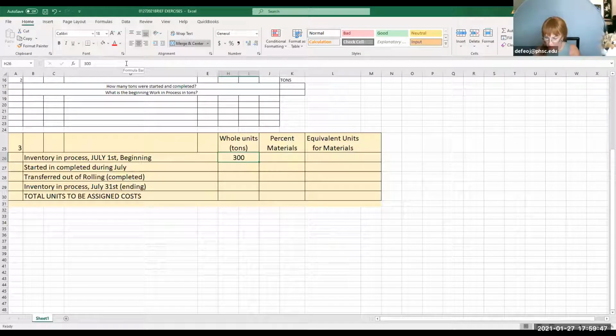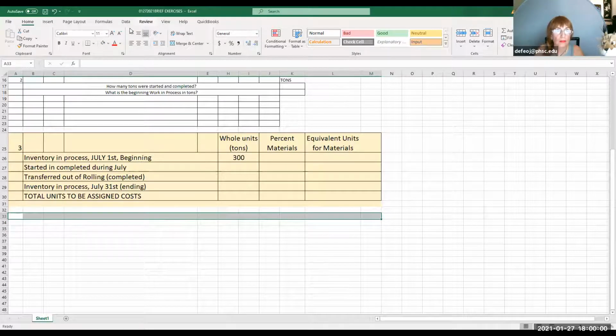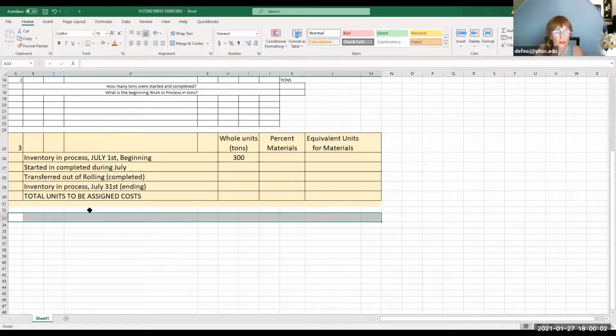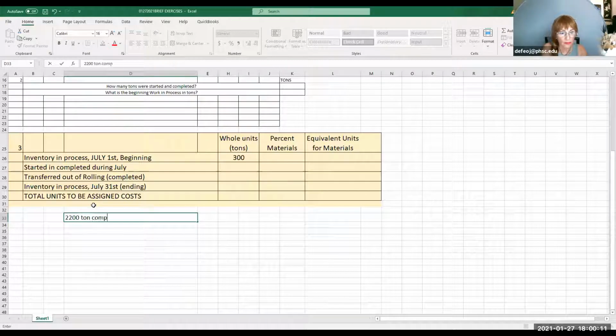During July, 2,200 tons were completed. Now the 2,200 tons completed include the 300 tons.